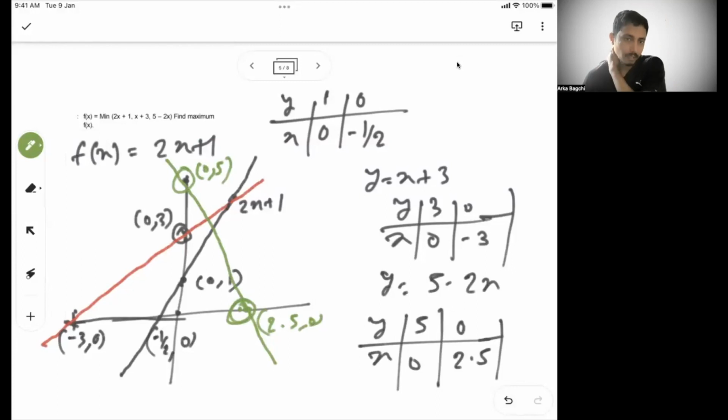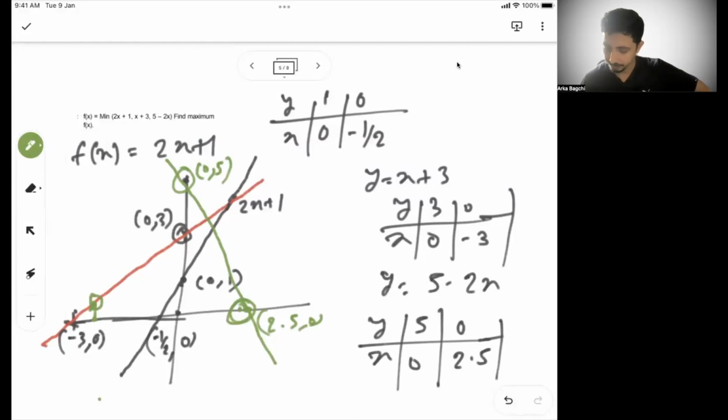Right? Now what they said, find the maximum of f(x) which takes the minimum of these three values. So minimum of these three values. If you see typically here, if I take x, obviously it will be here, this will be a value, bottom there will be a value, and top also there will be a value, but the minimum value will be this point.